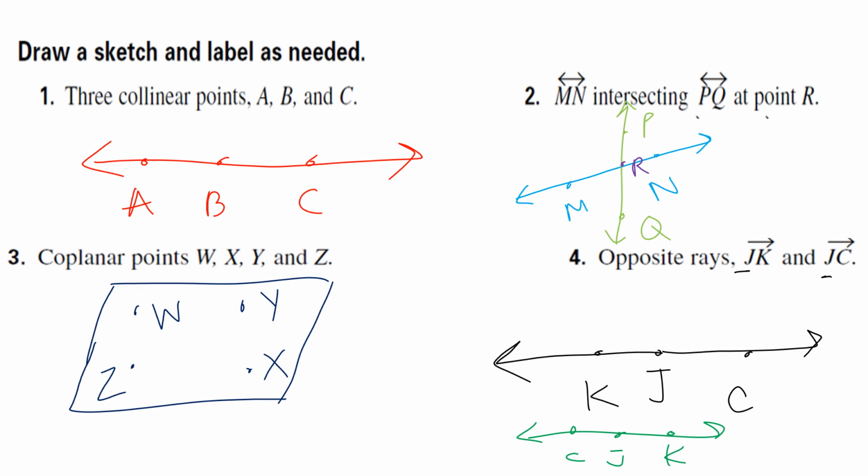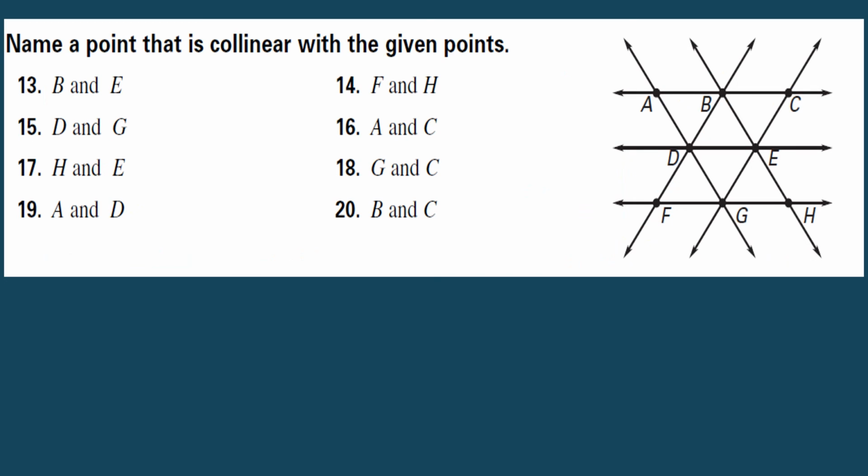Okay, then on to the last couple of questions. We have: name a point that is collinear with the given point. For example, for number 13, we have B and E. B and E lie on this line.